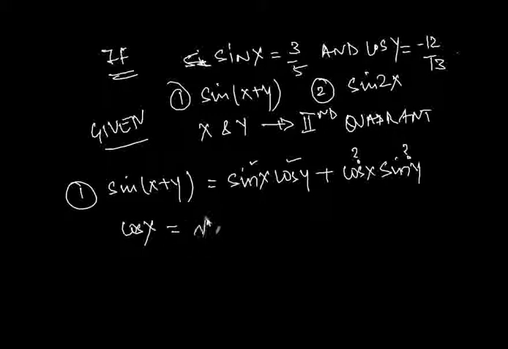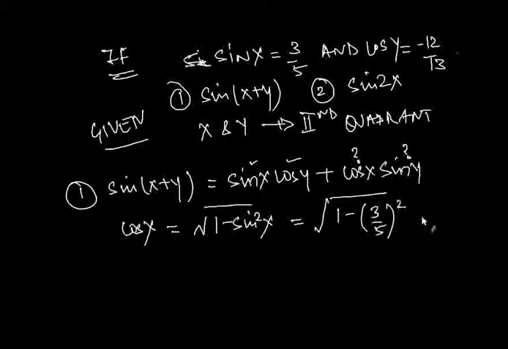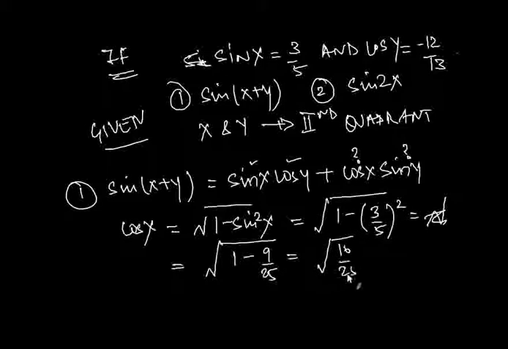Well, that's simple. Cos x is simply equal to under root 1 minus sine square x, which is equal to under root 1 minus 3 by 5 whole square, which is equal to under root 1 minus 9 by 25, which turns out to be under root 16 by 25. You can check this calculation on your own.